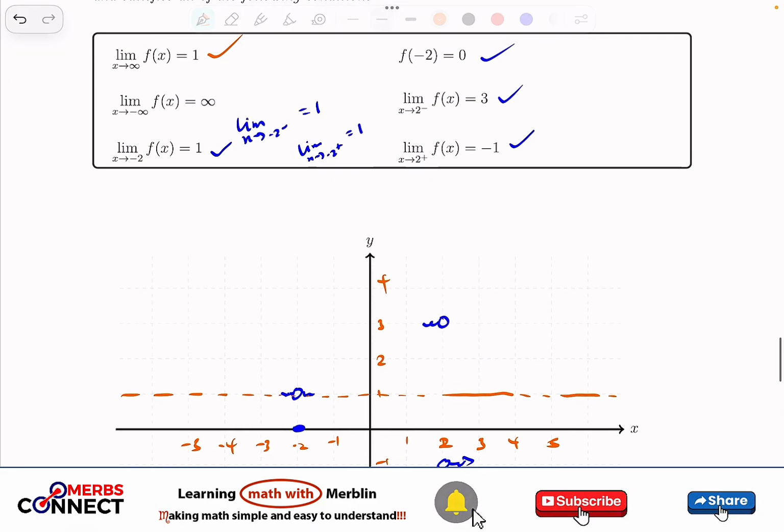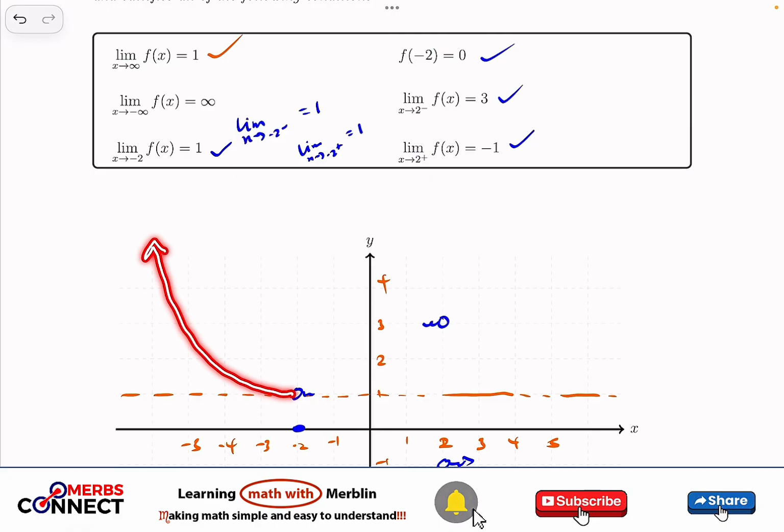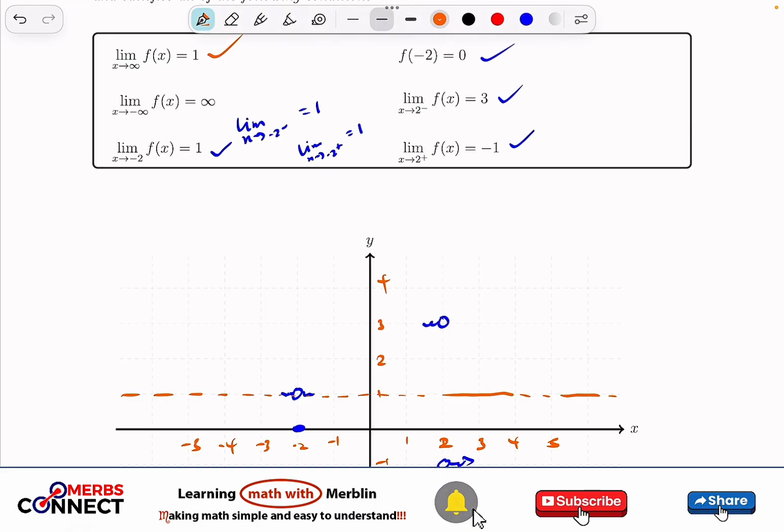And then the last one says that when x is approaching negative infinity, I should be going to positive infinity. So the graph that I have here, I'll be moving up like this, because as I approach from the negative infinity, I should be going to positive infinity. So that one tells me where I'm moving towards. So this one can move up like this, right? Because as soon as I'm going on the negative side, I need to move to positive infinity. So this one too is done.